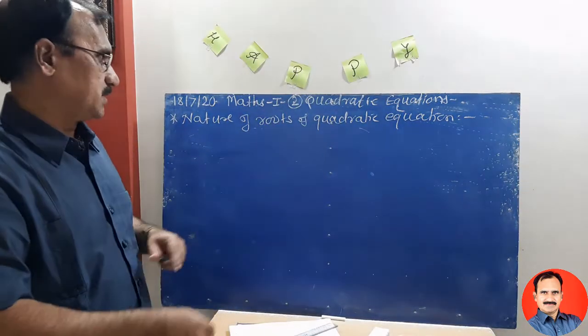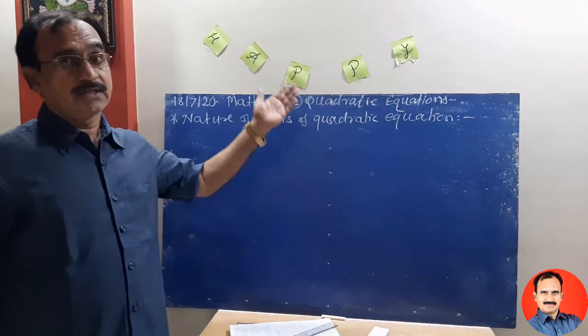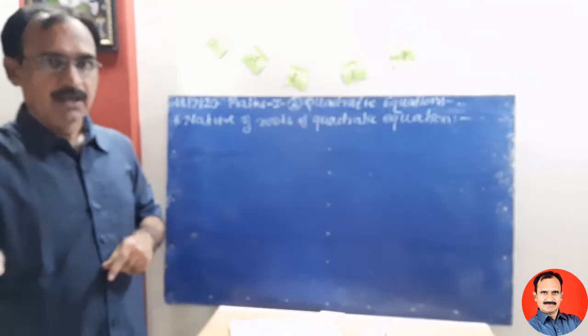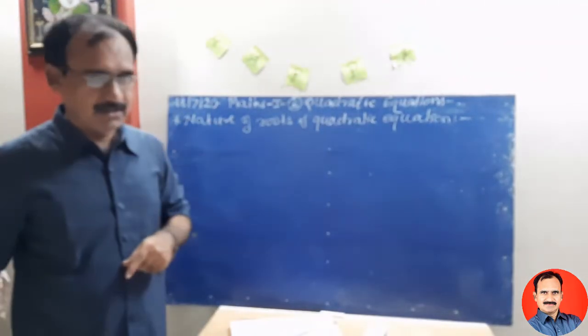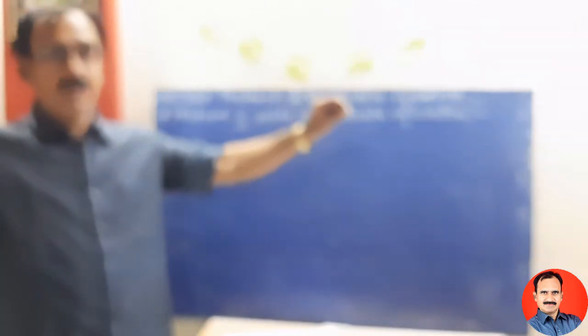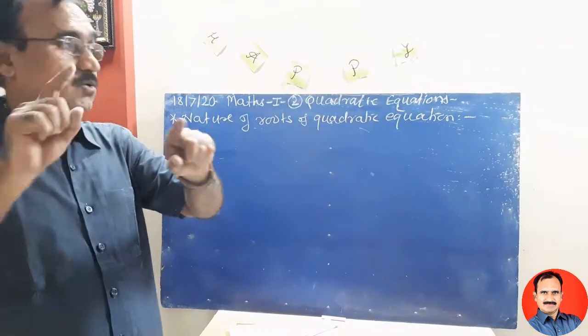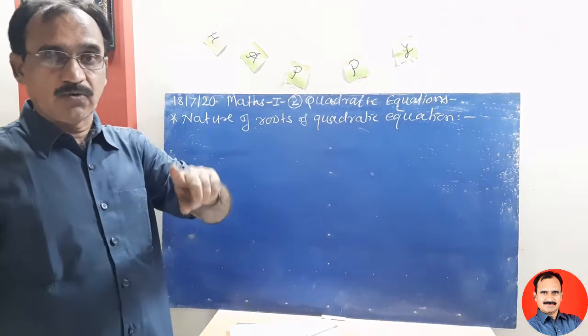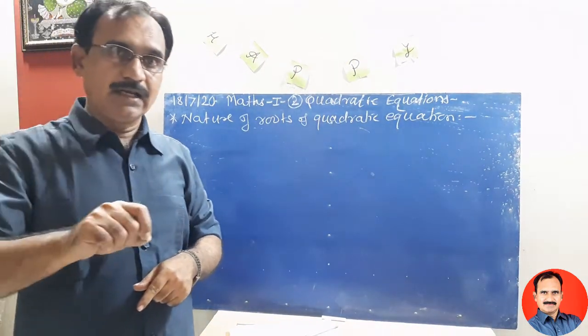Discriminant means the value of b square minus 4ac. If the quadratic equation is in standard form, we can write the values of a, b, c. If we know the values of a, b, c, we can find b square minus 4ac, and if we know that value, we can write the nature of the roots. b square minus 4ac is nothing but delta.